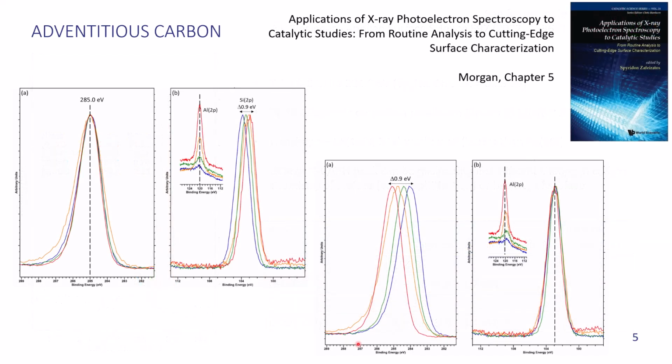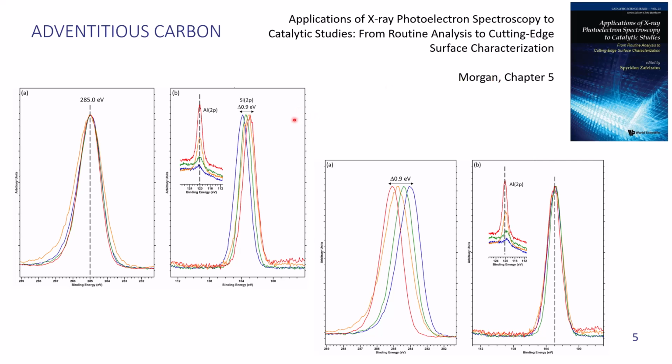So returning to that point about surface acidity or surface basicity, whichever way you want to look at it, we're going to take an example of an aluminosilicate, a zeolite material. And you can read more about this in Applications of X-ray Photoelectron Spectroscopy to Catalytic Studies, in the chapter I wrote, chapter 5, in terms of charge compensation, charge calibration.